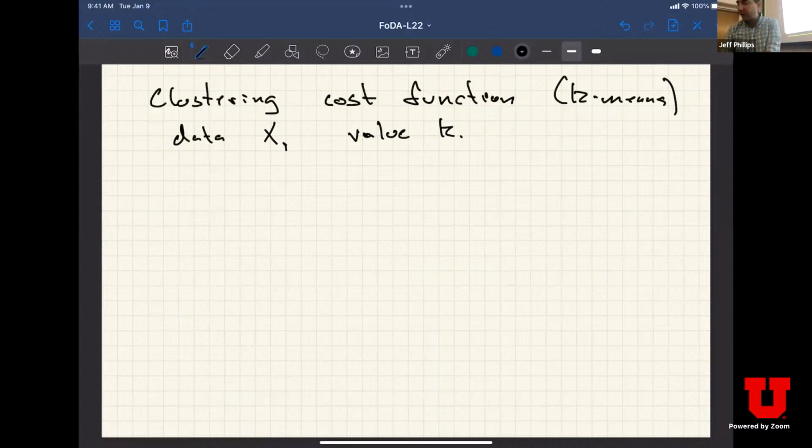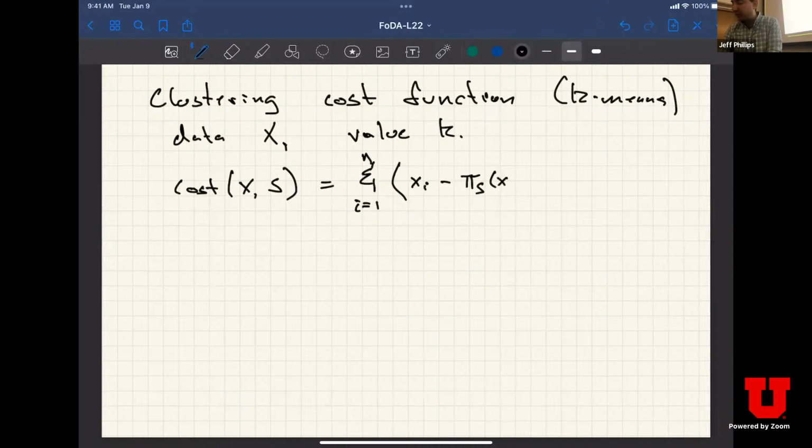The value k I won't quite introduce first, but the cost on, say, x and a set of clusters S, and most of the section will be defining how to think about this, is going to be the sum from i equals 1 to n, the sum over all of the data points, of x_i minus a projection onto the clusters in some way, squared.